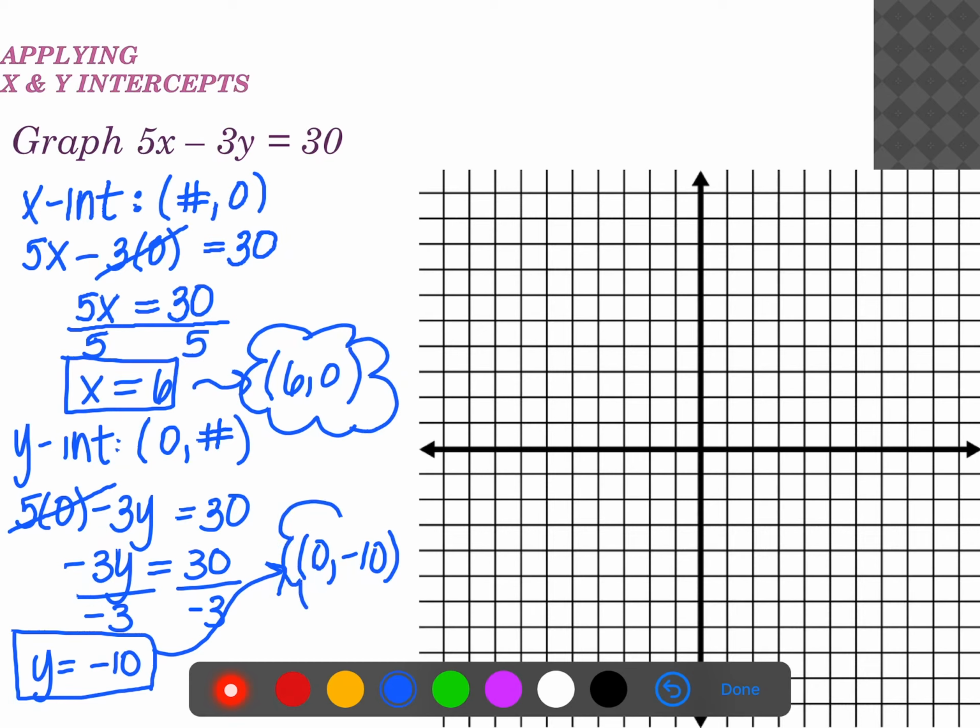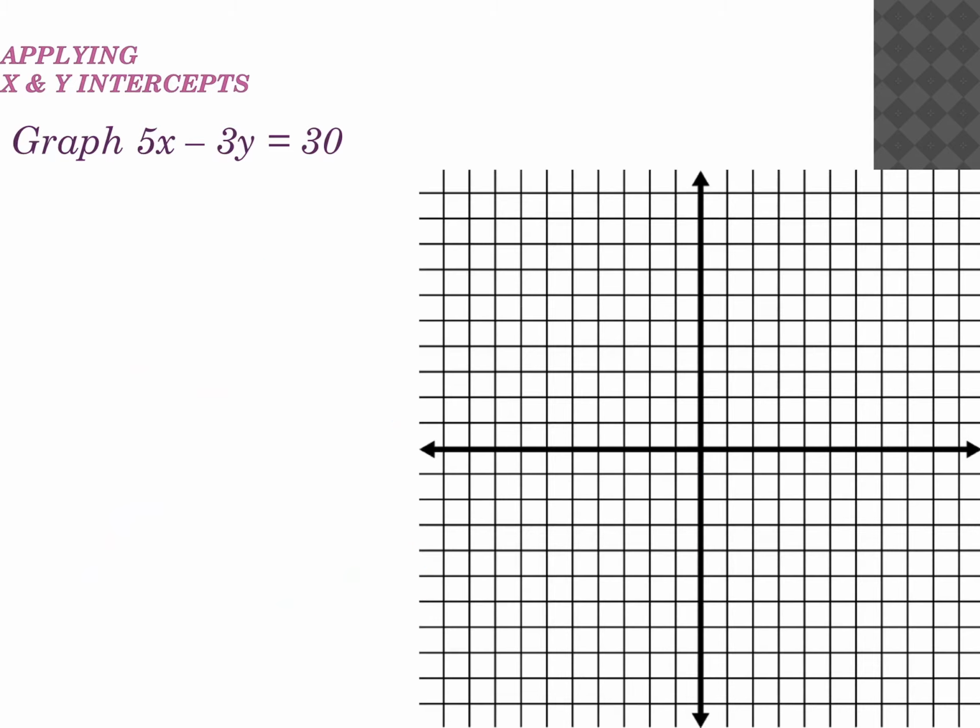Okay, remember, x and y intercepts, that's plural, which means it should be ordered pairs, plural. You are not putting these together. Because if you just plot one point on your graph, how do you make a line out of that? You need at least 2 points. So 6, 0 should be on the x-axis as an x-intercept, and -10 on the y, I'm going to be down here at the bottom.